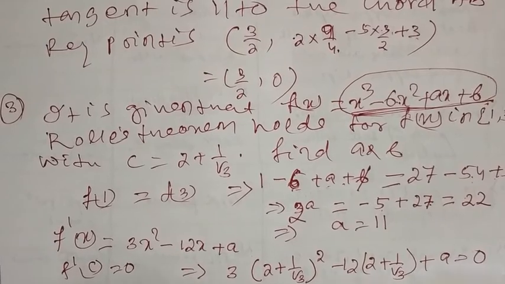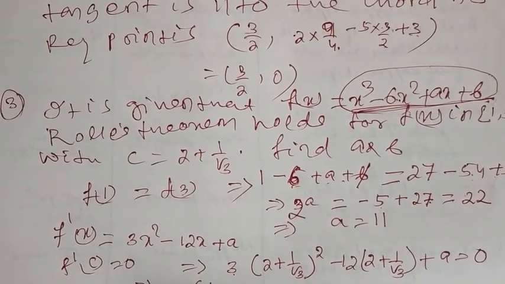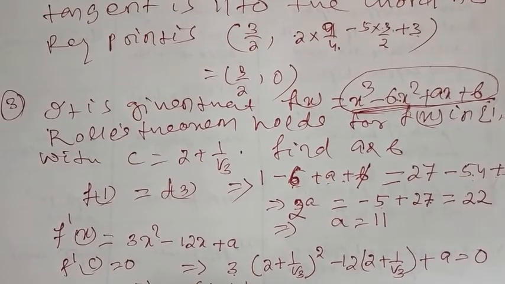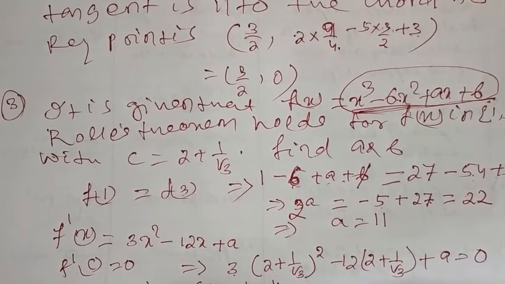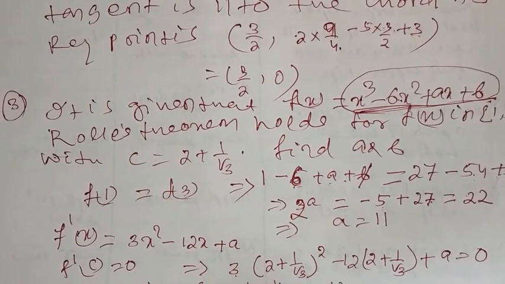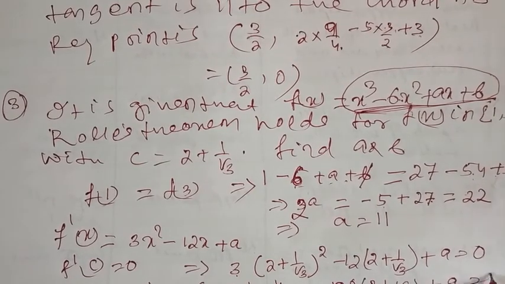So this gives me 3 into (4 plus 1 by 3 plus 4 by root 3) minus 12 into 2 minus 12 by root 3 plus a is 0.